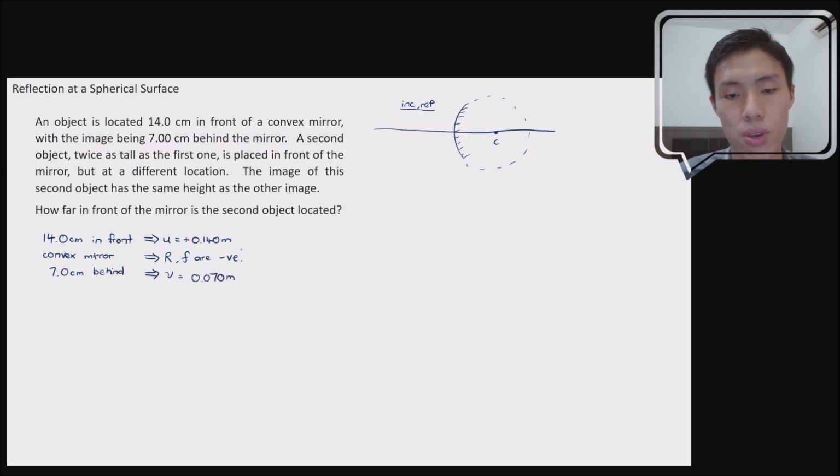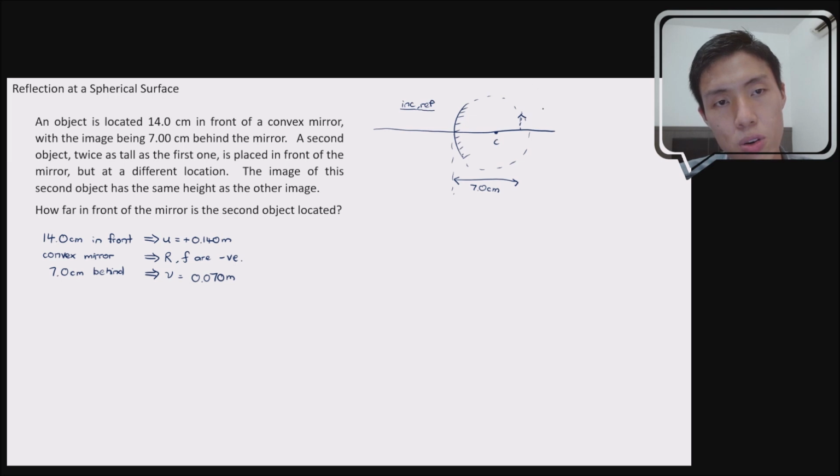But again, we have to make sure whether it's positive or negative. 7 cm behind is the opposite of front. If front is on the left-hand side, then behind will be on the right-hand side. So if you measure from your vertex, your image will be somewhere 7 cm over here. This will be your image.